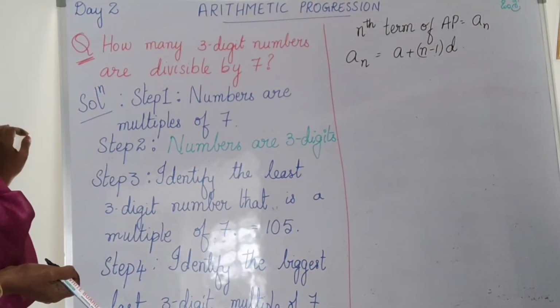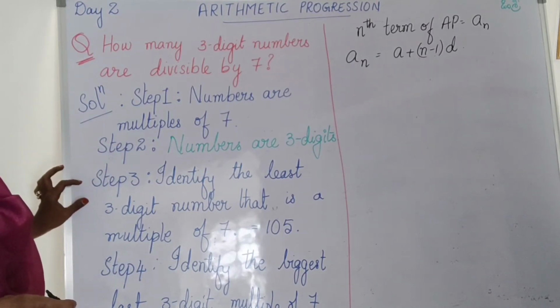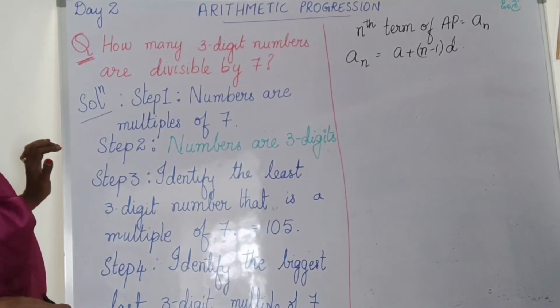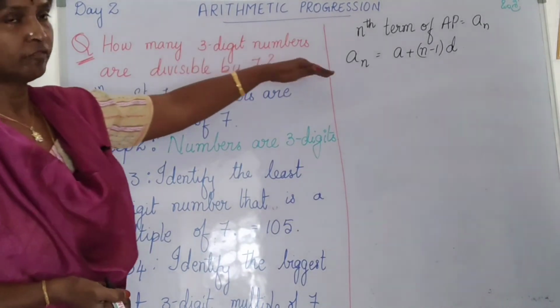Here we need to substitute the values of an, a and d, and then we'll get the value of n. So hope you followed this one.